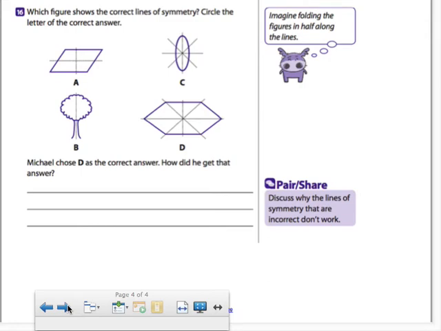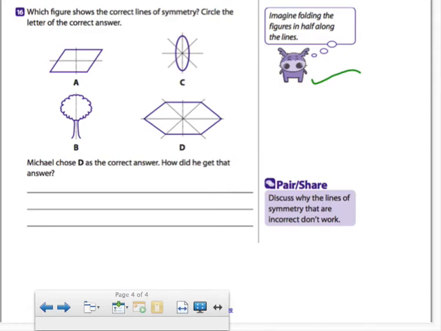Which figure shows the correct lines of symmetry? Circle the letter of the correct answer. So look at this little moose. He's telling you, imagine folding the figures in half along the lines. Thanks, moose. So look carefully. Look super carefully. This one's kind of tricky.